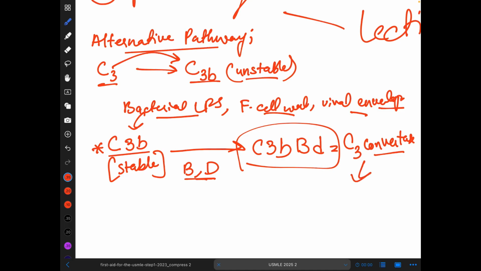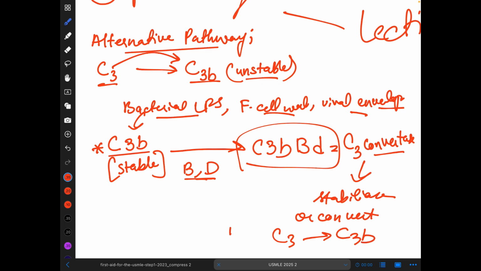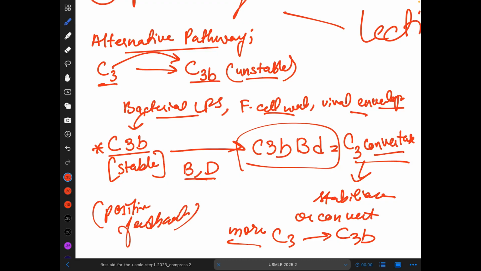They have the function to convert C3 into more C3b. If more C3 is present in the body, it will also be converted into C3b by the C3 convertase enzyme. It is just like positive feedback. How? The increasing amount will stimulate that enzyme and that will increase the amount even more. Okay.